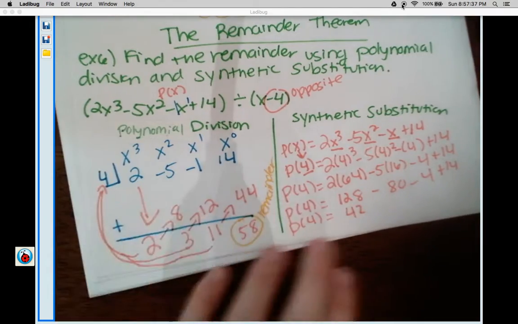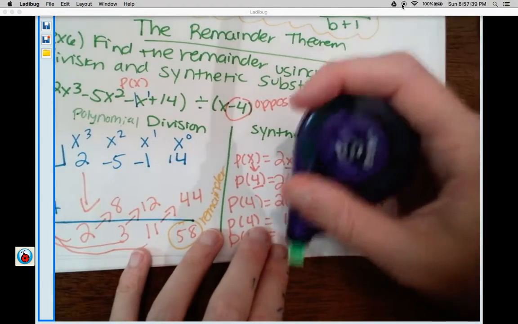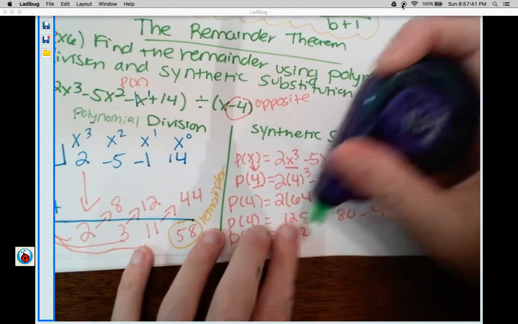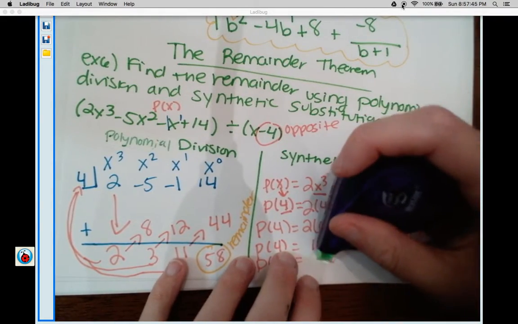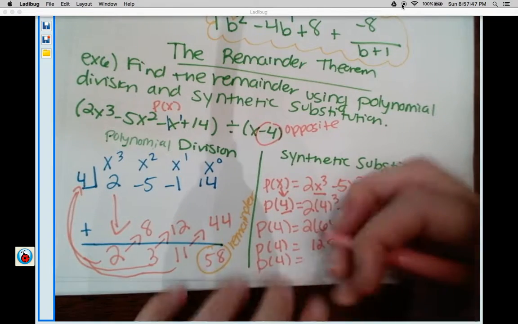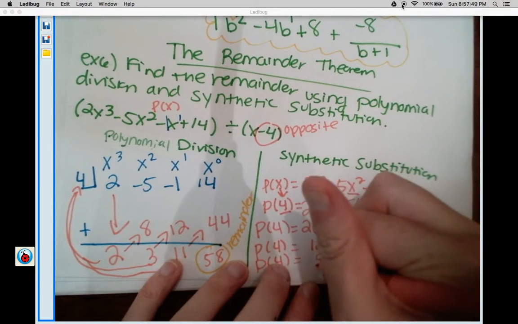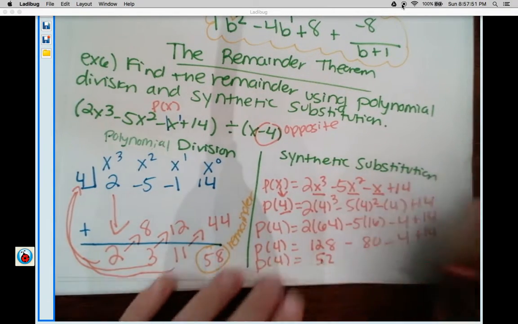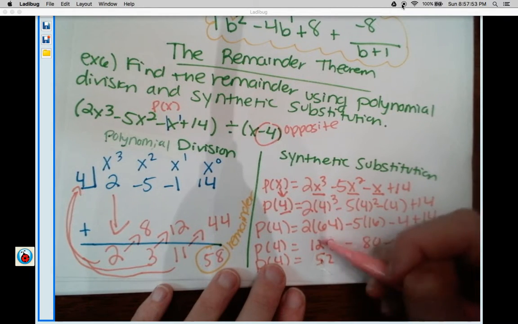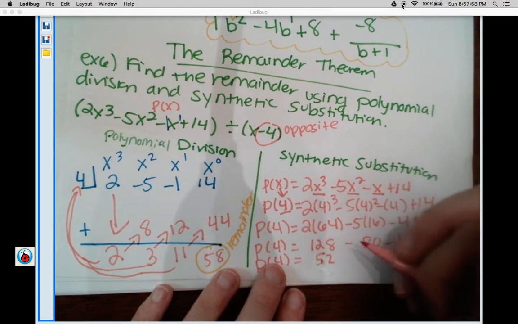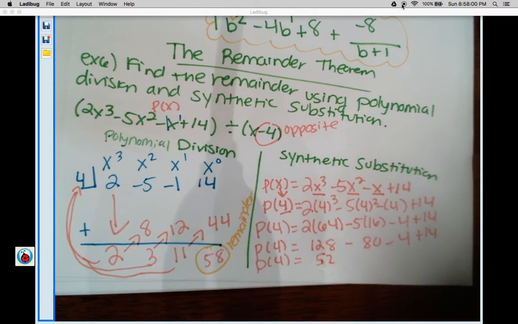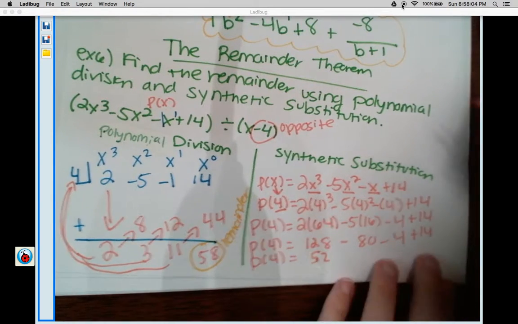That will be a 52. Come on, white out. 52. Alright, let me double check again. Yes, that will be 80. Or hold on. Hold on, you guys. I'm being stupid.